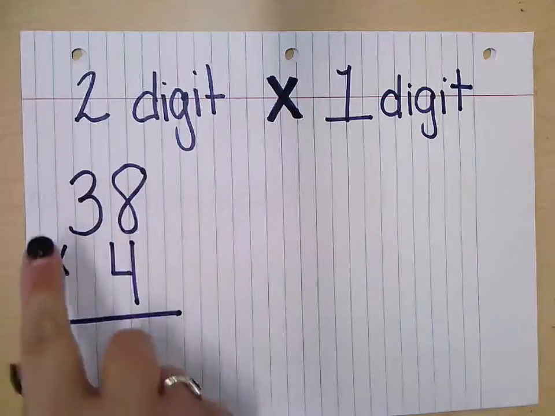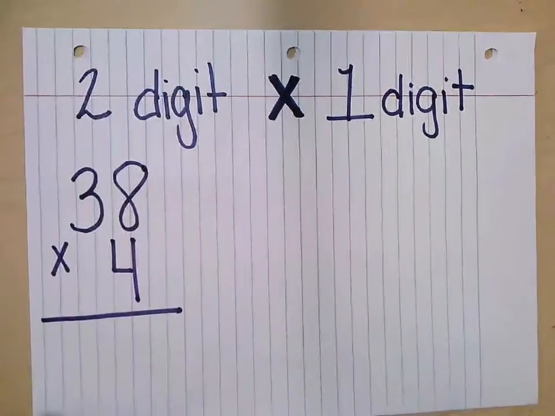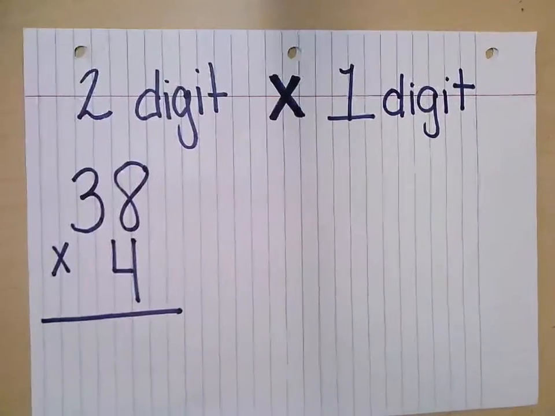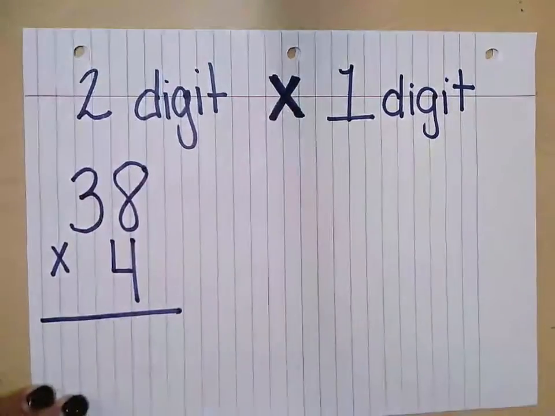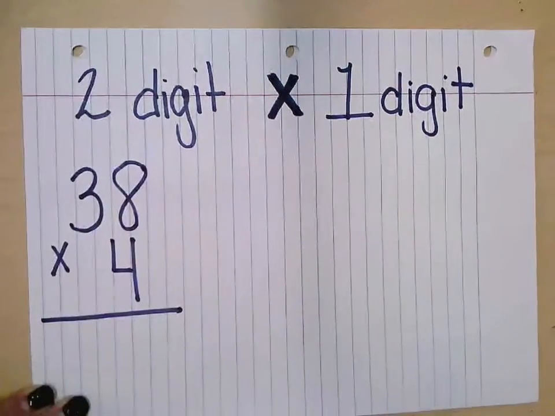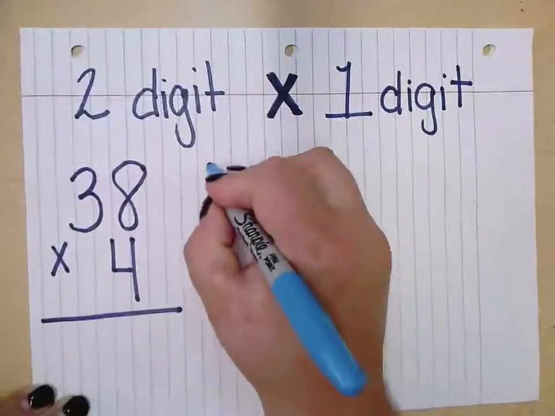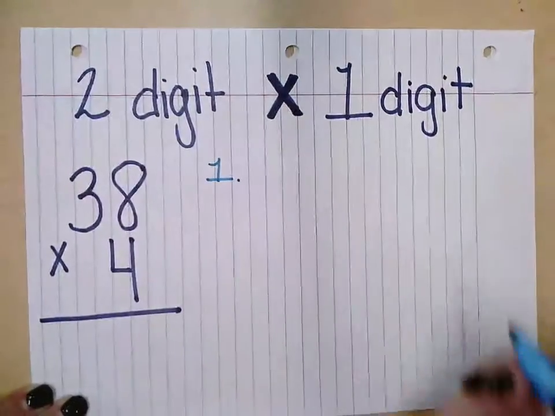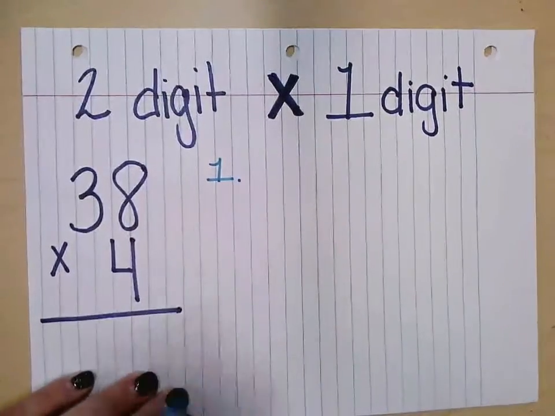Now, when we're multiplying 2 digits by 1 digit, we have to follow a set of directions in order to get the problem correct. We read from left to right. However, when we're multiplying, we're going to start from the right and work our way over to the left. So our first step is to multiply the 4 by the 8 that's in the ones place.